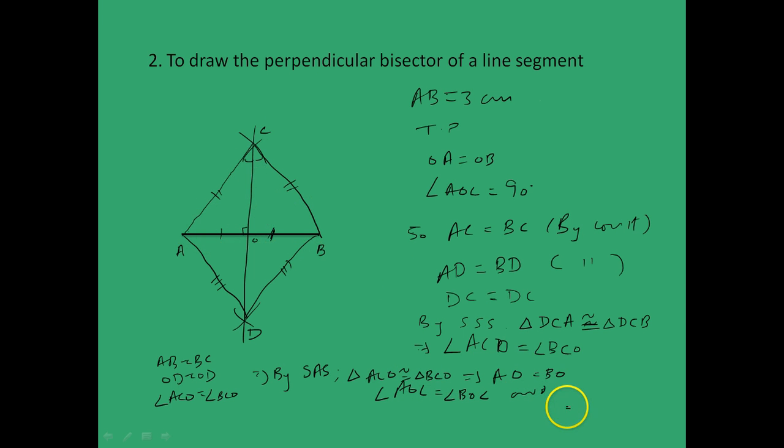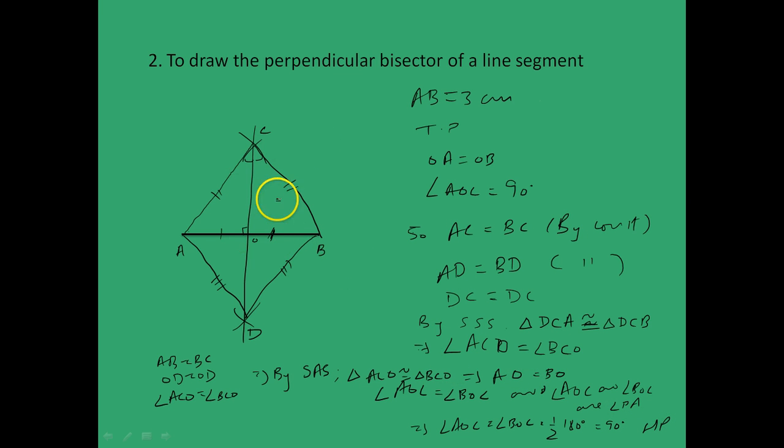Angle AOC and angle BOC are a linear pair of angles. This implies angle AOC is equal to angle BOC is equal to half of 180 degrees, which is equal to 90 degrees. Hence proved. Right?